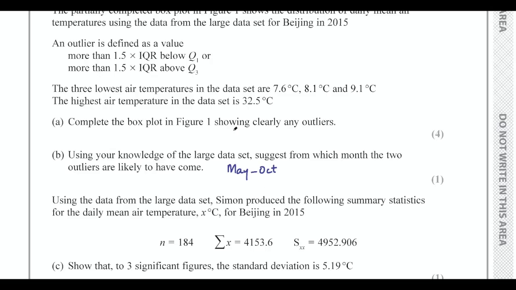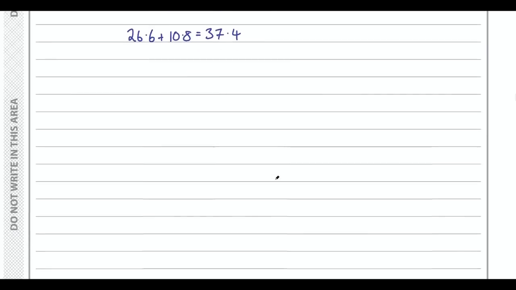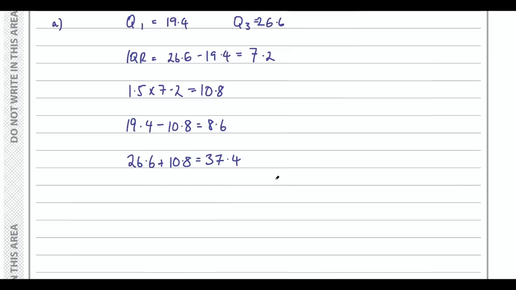So which month is then most likely to contain the lower temperatures? That's going to be October in autumn. So my answer there is going to be October, as Beijing is in the northern hemisphere and that is in autumn. So October, as it is autumn in the northern hemisphere.